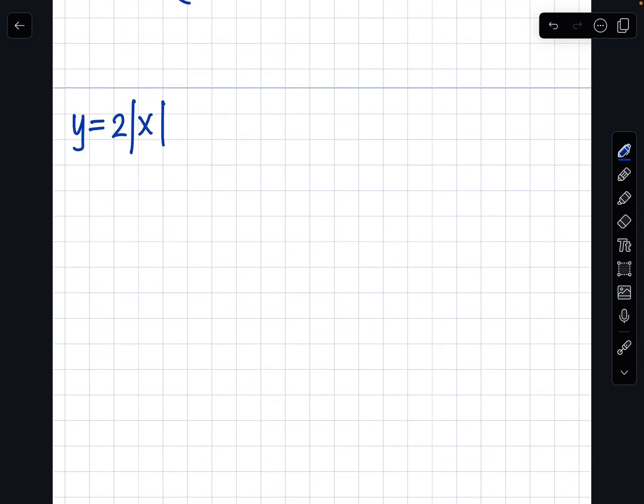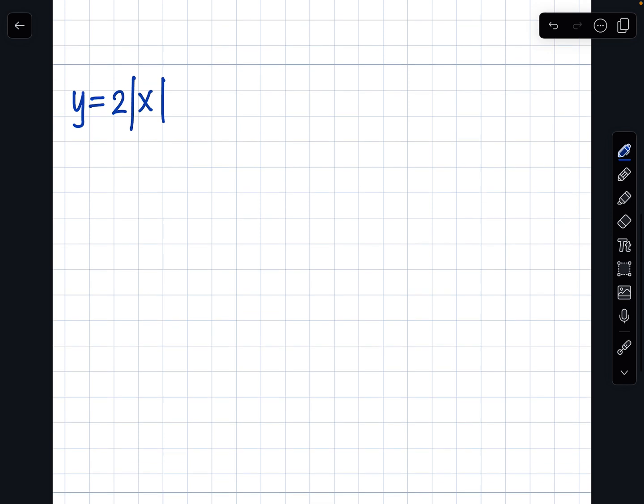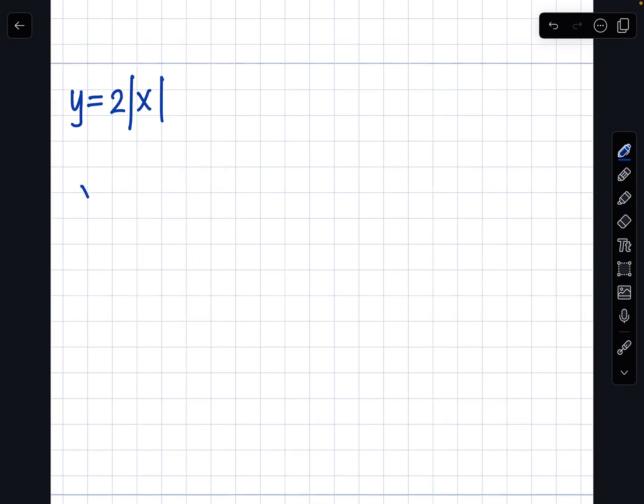There's a couple things we need to know. We are going to make a chart. Now, typically, I'll make you find 5 points. Okay, now here's the deal with absolute value.